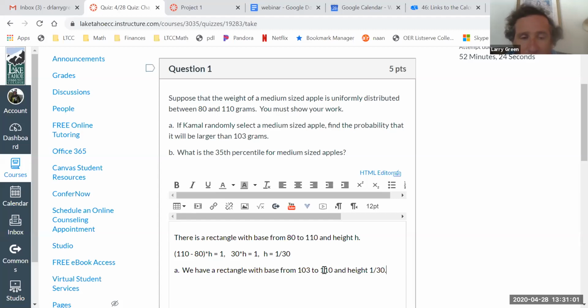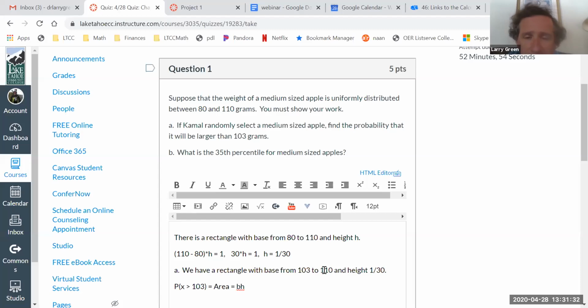Okay, how do we find the probability? The probability is the area, and how do I find the area? So the probability that x is greater than 103 is equal to the area, and the area is the base times the height.